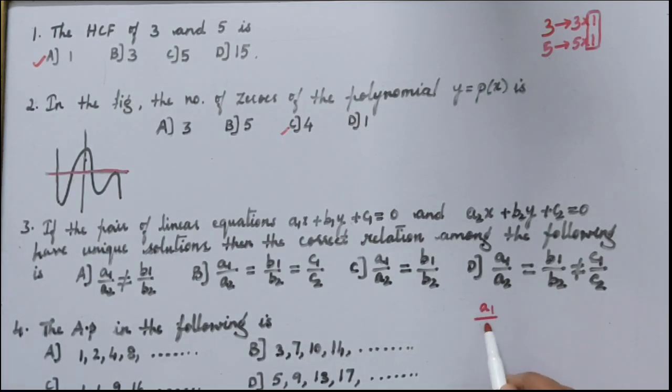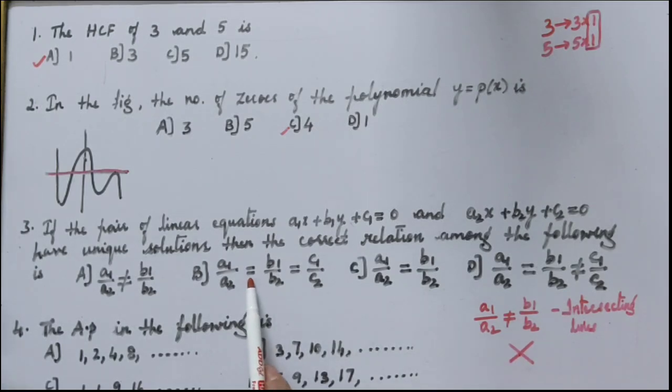Now a1 upon a2 is not equal to b1 upon b2. We call these lines intersecting lines. This is an intersecting line. It has only one solution, or we say it has a unique solution.